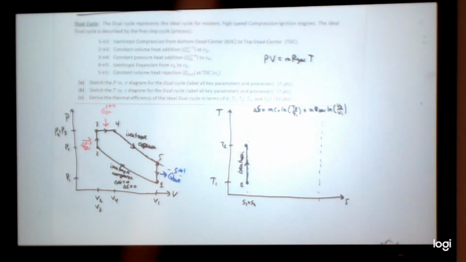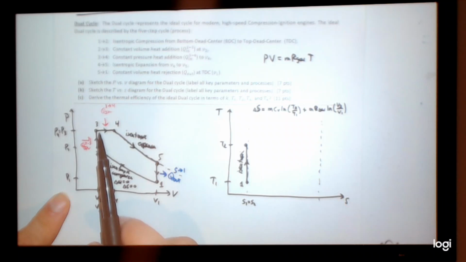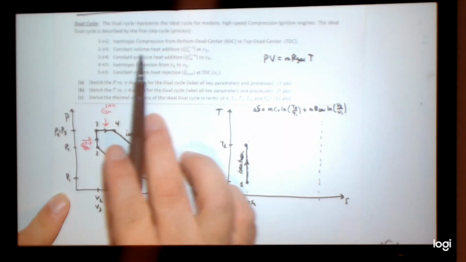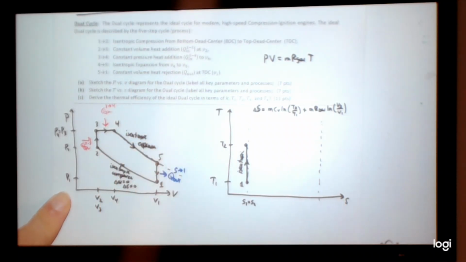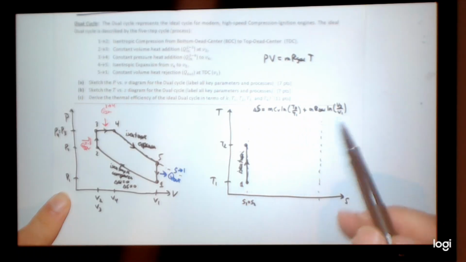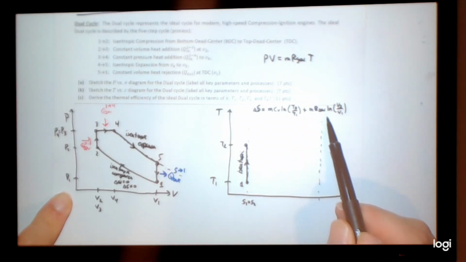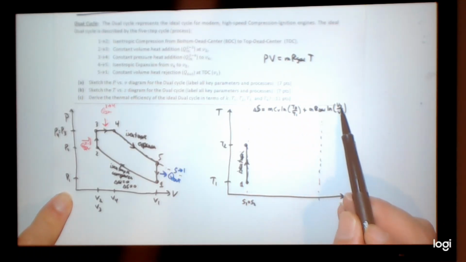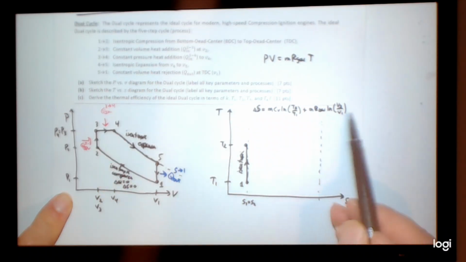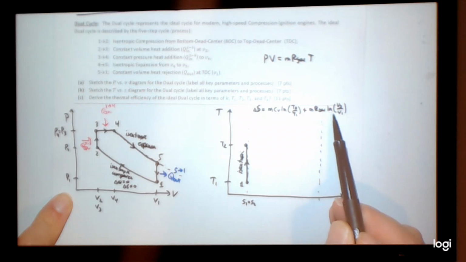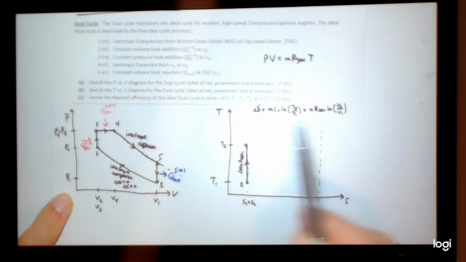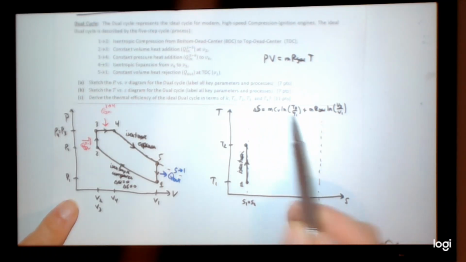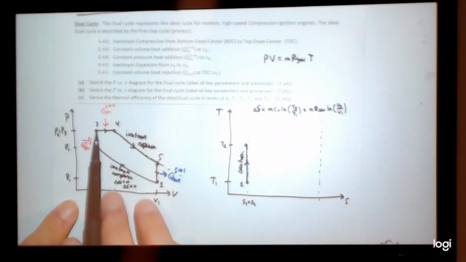So isentropic compression, then the question is 2 to 3, constant volume heat addition. It's constant volume, looking back up to here. Constant volume, V3 is the same as V2. Natural log of 1 is 0. T2, constant volume heat addition.